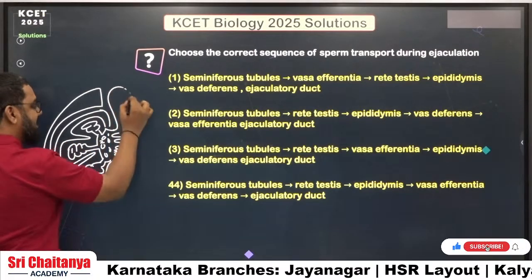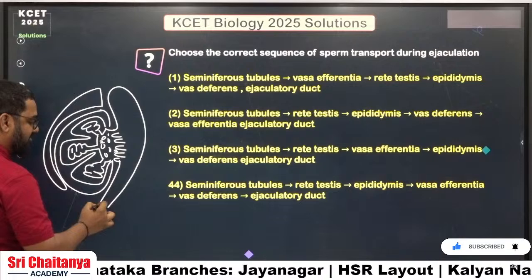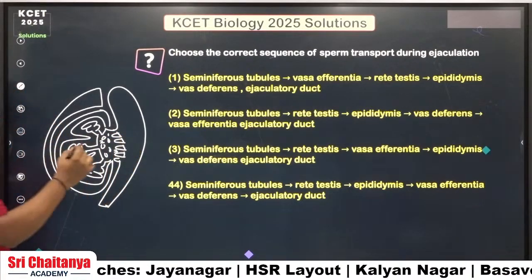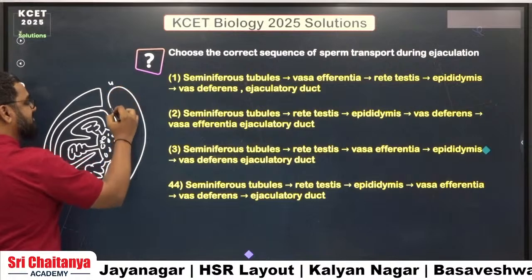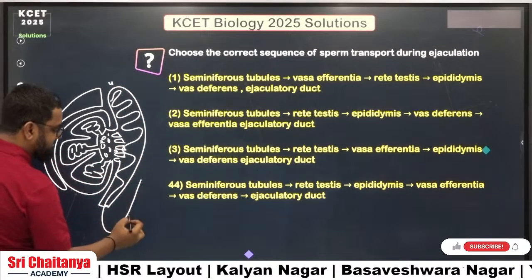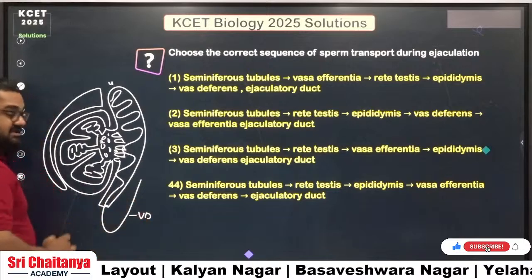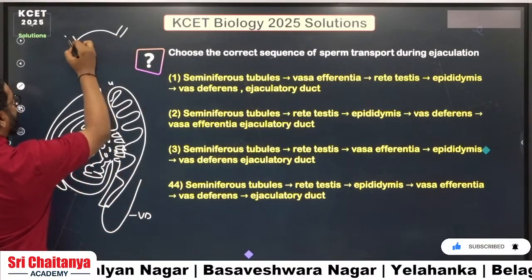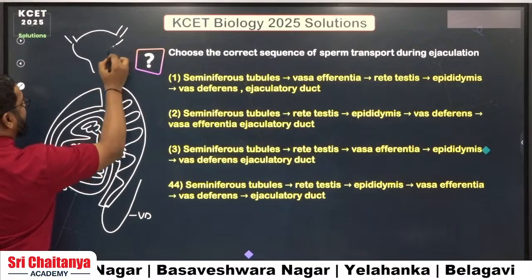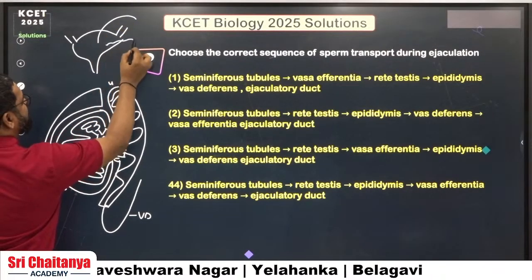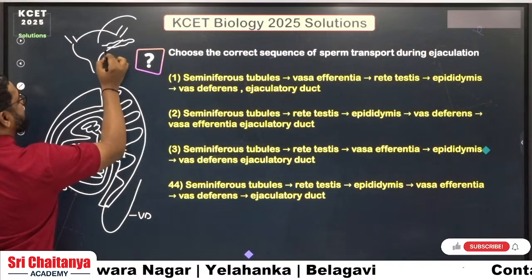From here, it will enter into an inverted comma shaped structure. When coiled it looks very short, but when uncoiled it is 6 meters. So this will be the fourth region, epididymis. Last will be the vas deferens. Now, another diagram, this will be the urinary bladder, right? Behind the urinary bladder, the vas deferens is coming. Along with this, you can see the opening of the seminal vesicles.